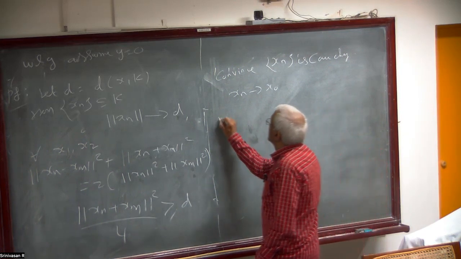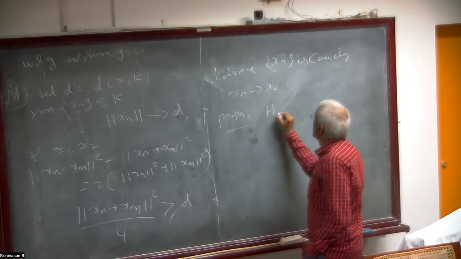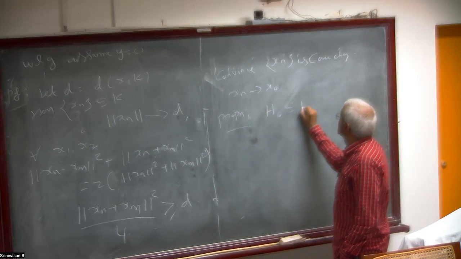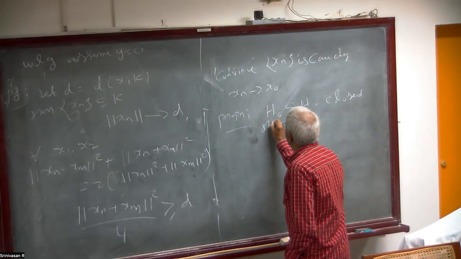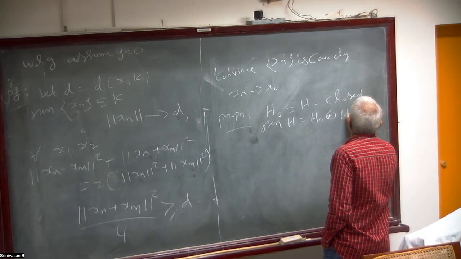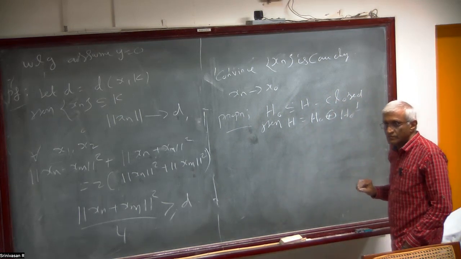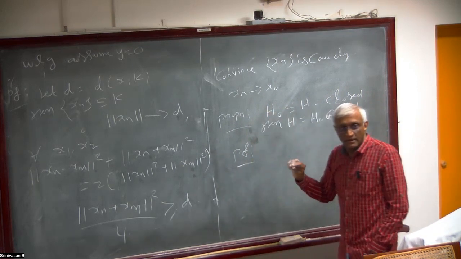Okay. So now let me do that proposition. H naught is contained in H. Then H is equal to H naught plus H naught perp. This is clear?